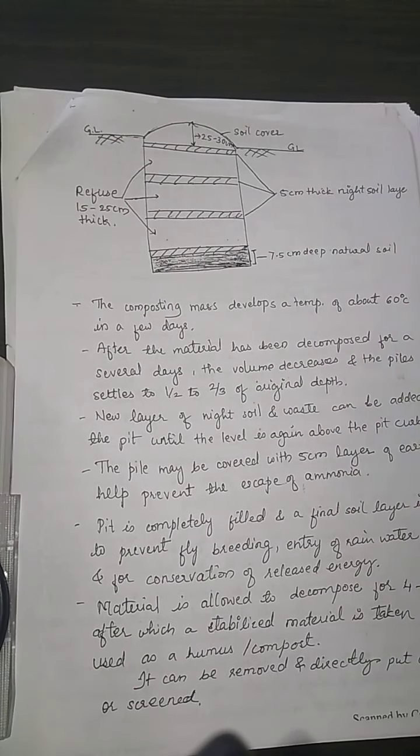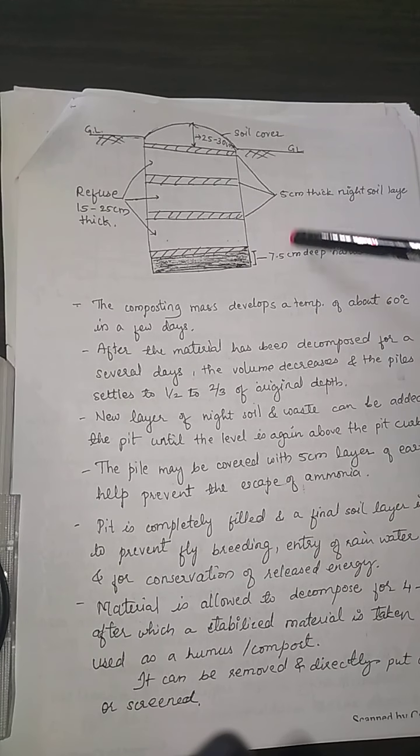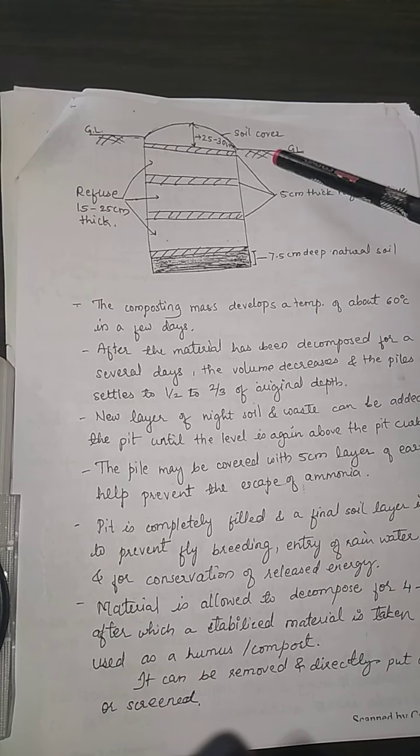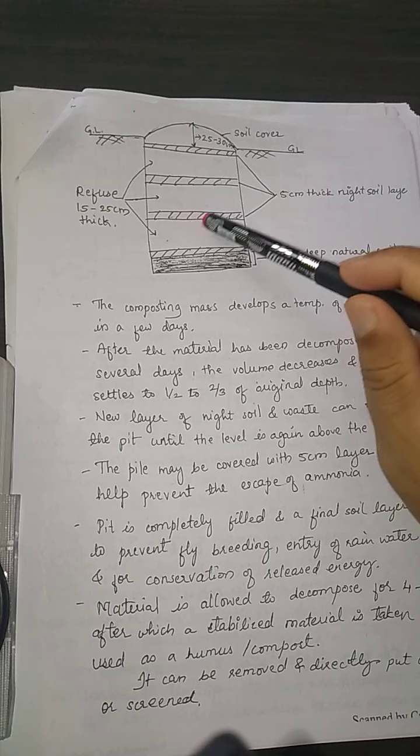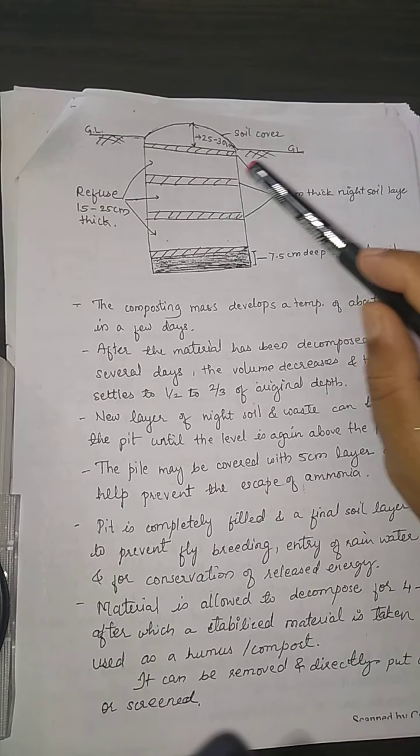See here, you can see the diagram of the Indore and Bangalore methods. Here, normally the depth is going to vary between 1.5 to 3 meters. Then alternate layers of soil and night soil have to be added.